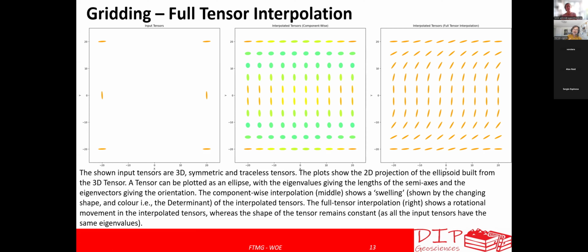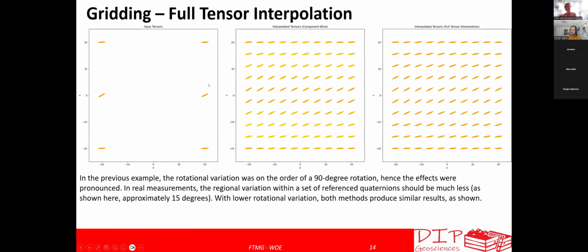However, for the kind of data that we're using, it's normally not that common to get this massive change in the ellipsoids, going from pretty much a 90-degree rotation. If you use a smaller rotation, in this case something like 15 degrees, these are the results that I get from component-wise interpolation and full tensor interpolation.